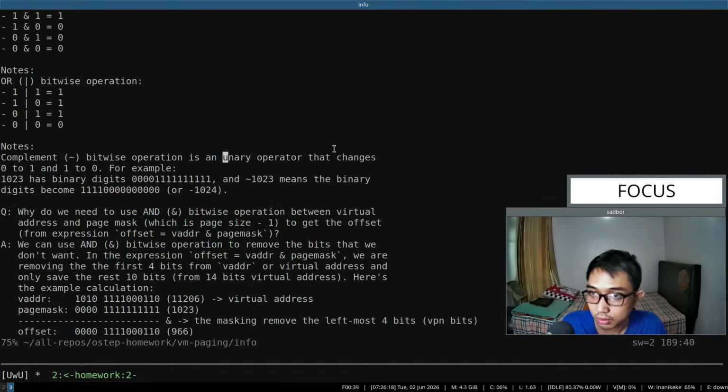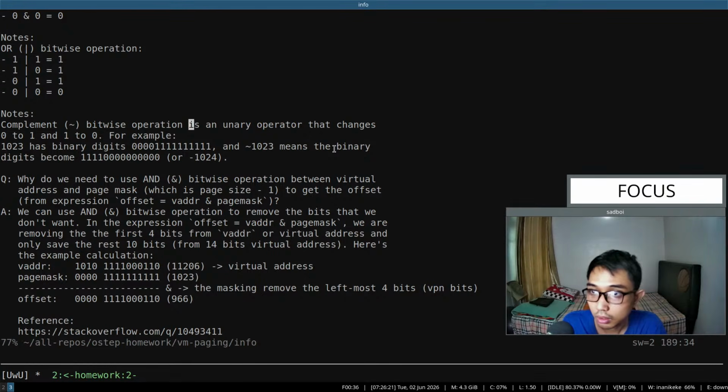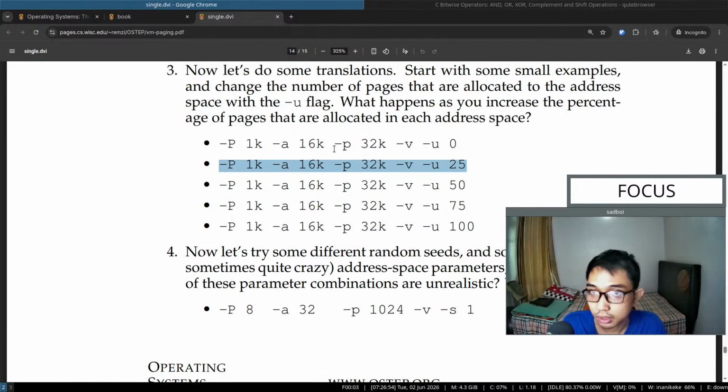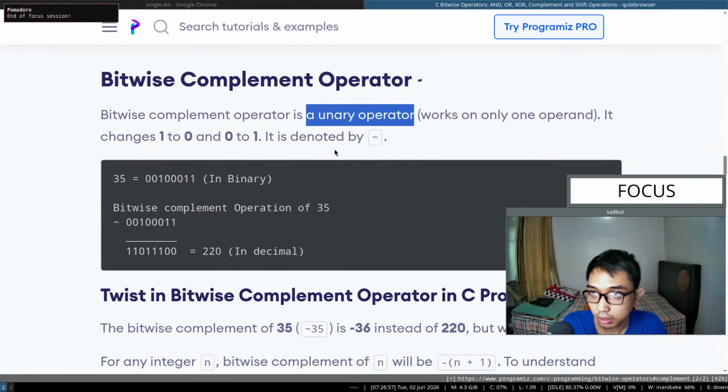Okay, binary digit this one, and the complement of this means the binary digit becomes the opposite. Okay. Oh, right. Let's just use the binary representation. Okay.